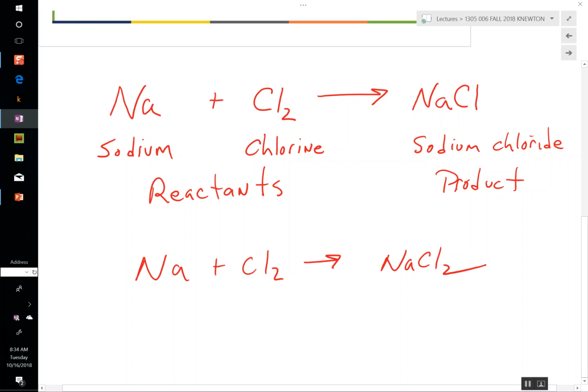The reactants and the products have to be written with their proper chemical formulas. Okay? We can't change the nature of the sodium chloride just because we got a Cl2 over on the left. Follow me? And you know that it's that because that is a +1 ion and that is a -1 ion. So it forms sodium chloride, 1 sodium with 1 chloride.